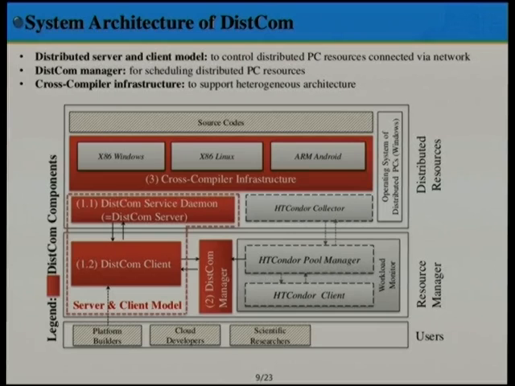And finally, to support heterogeneous CPU architecture for the target board, we recompiled a custom cross-compiler toolchain for the infrastructure. So you can see the additional work based on the HTCondor and Distcc open source.